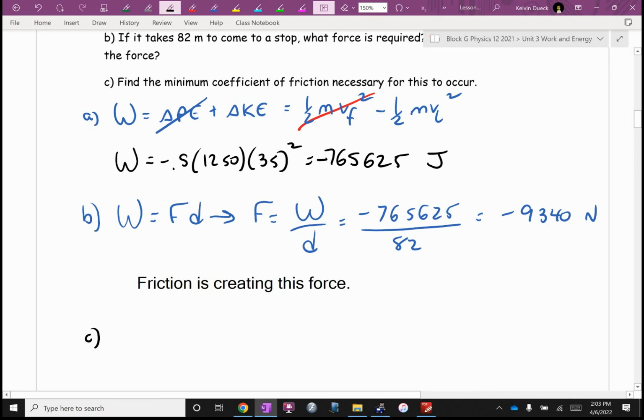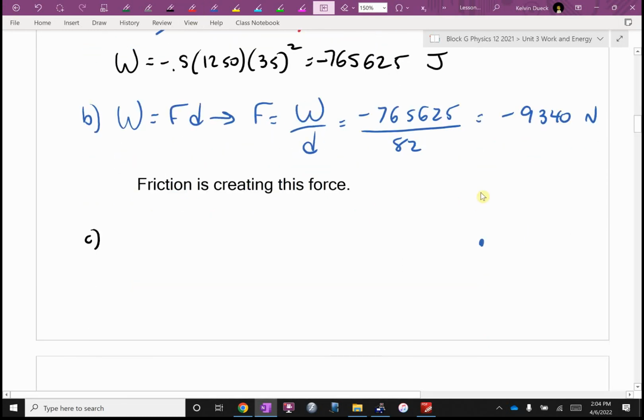Braden, what's C want me to find? What's mu? I think I better do a free body diagram. Braden, over here is the car. What are the forces acting on it? Get the obvious one.